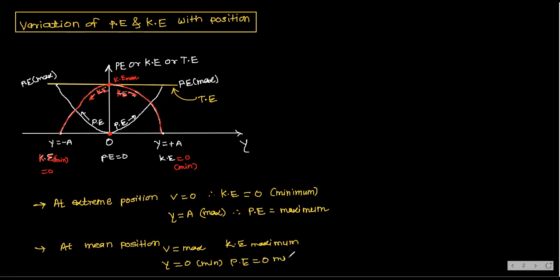Understood? Clear है? एक बार check करो, everything is right in the graph as well as whatever I wrote. So at extreme position, velocity is 0, so kinetic energy is 0, and displacement is maximum, and potential energy is also maximum. At mean position, velocity is maximum, kinetic energy maximum, displacement is 0, so potential energy is 0. Yes. Okay. Right. Next one.